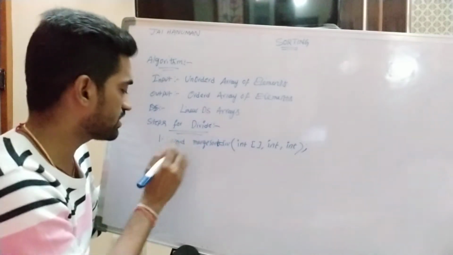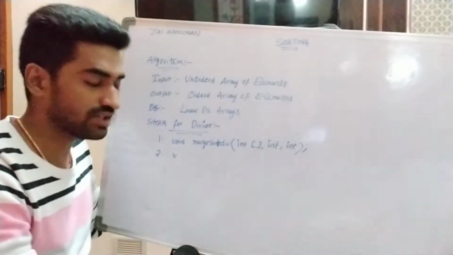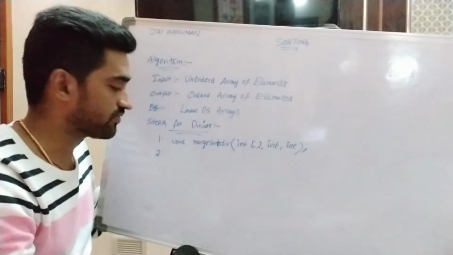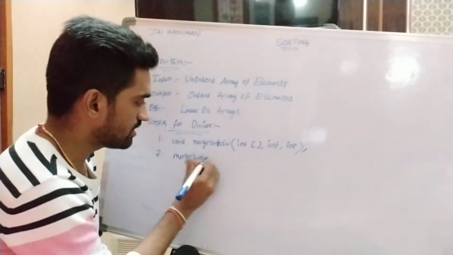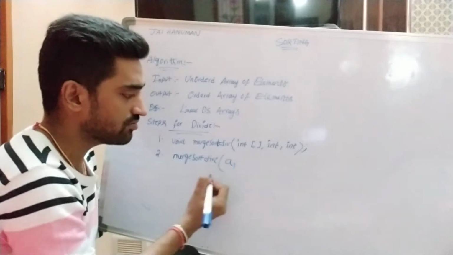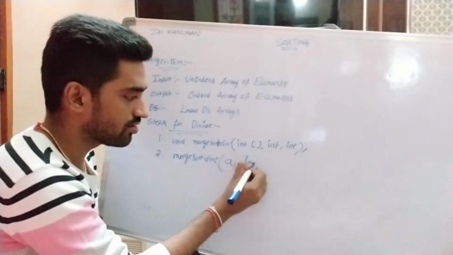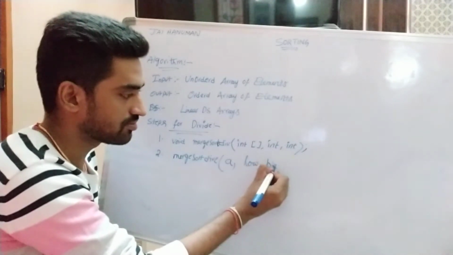After creating the function definition, I am writing the function call. Here I am calling the mergesort division function. This argument is for the array name, this argument is for low, and this argument is for high.